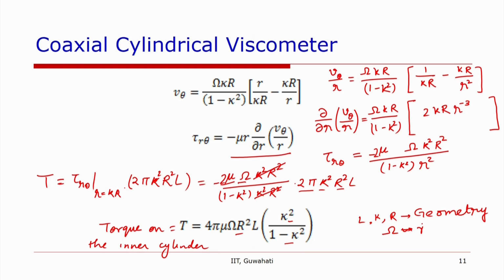So we can say that torque is a constant times mu into omega. So by measuring torque and omega, one can find out the viscosity of the fluid that is there in between the two cylinders.